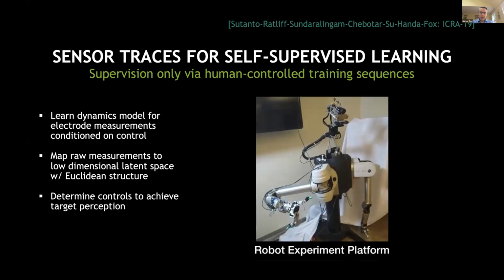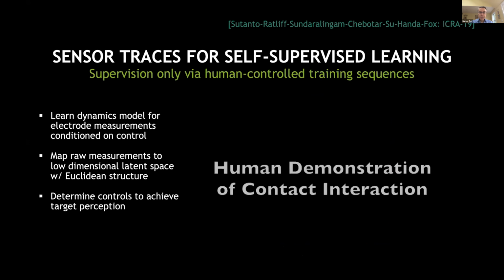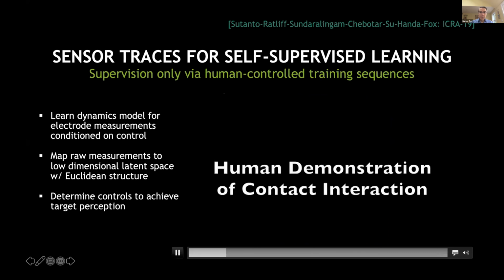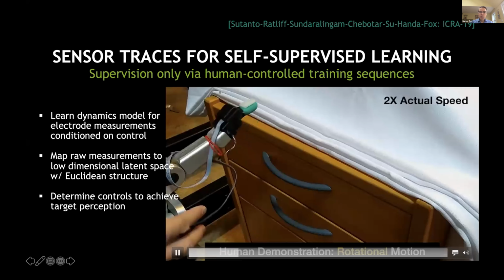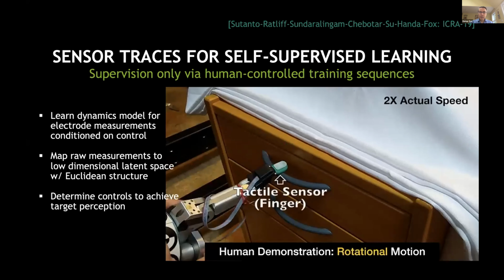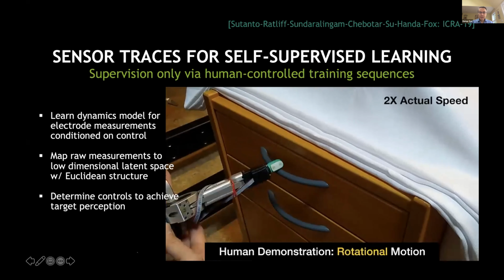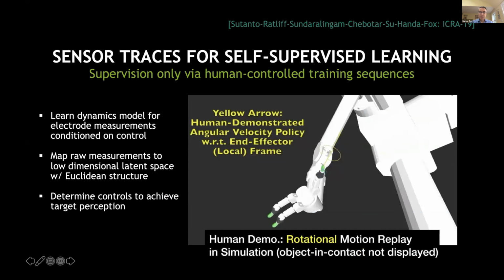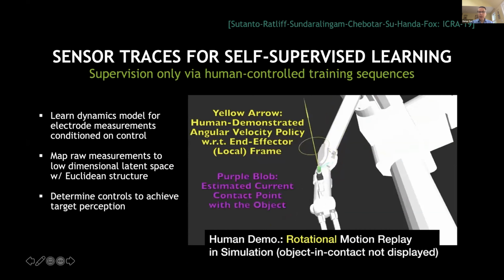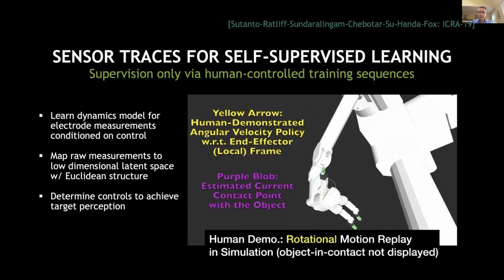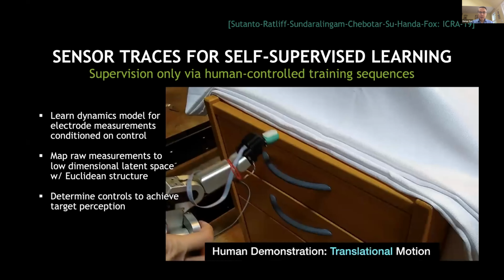Let me first show you the video on the right. Again, the finger is moved to make certain kinds of contacts with surfaces. Okay, here's just a rotational motion. Here's the same, now showing the internal simulated model of the robot, but that is not explicitly used in the process.